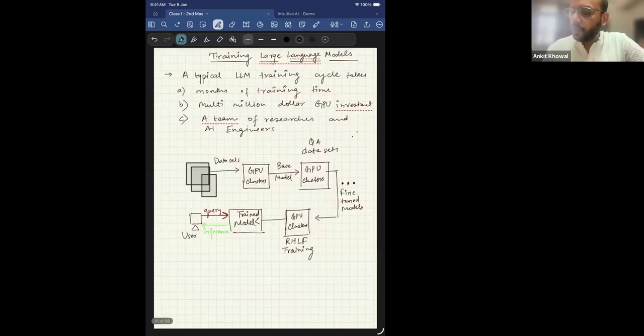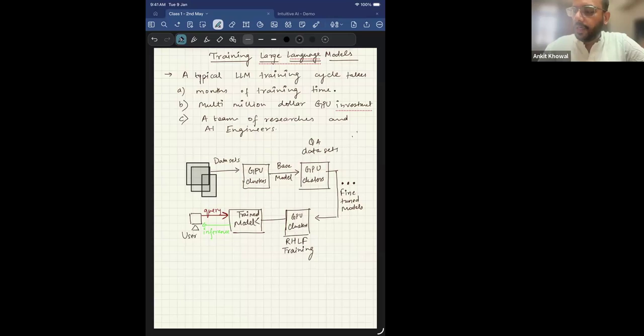So how do we train the large language models? We know that a typical LLM training cycle takes months of training time, right? It's not 1 or 2 days of training. Generally, when OpenAI or Meta are training a model, it takes months. And it's a multi-million-dollar GPU investment, like I covered in the hardware section.